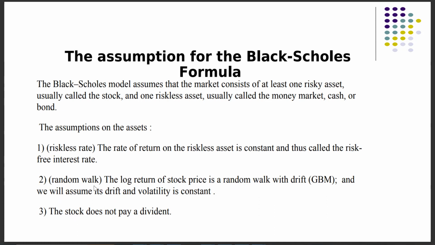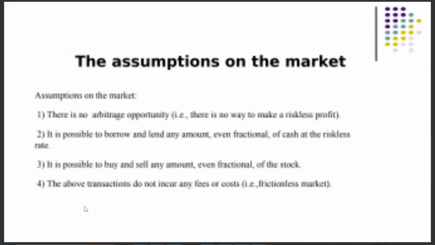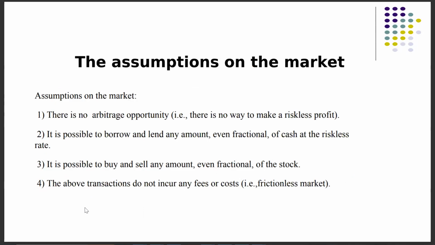The second assumption we can call a random walk. It means that the log returns of stock prices are a random walk with drift. And we assume that drift and volatility are constant. And the third assumption is that the stock doesn't pay dividends.